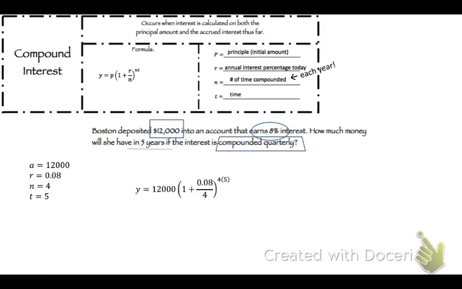Plug that into the equation, put it in your calculator, and you get $17,831.37. So after 5 years, when she deposited $12,000 into the account to begin with, 5 years later, it grew to $17,831. Cool? That'd be nice, right?